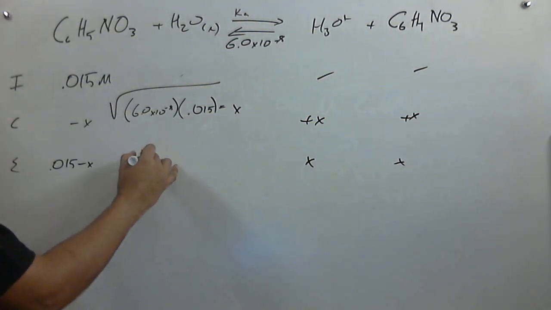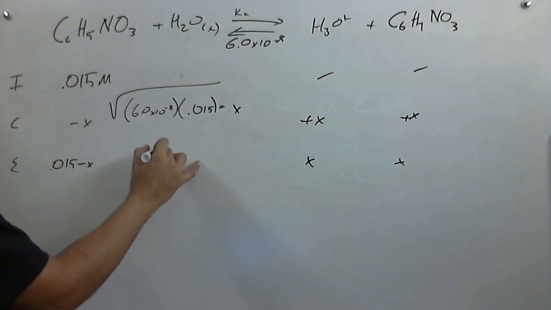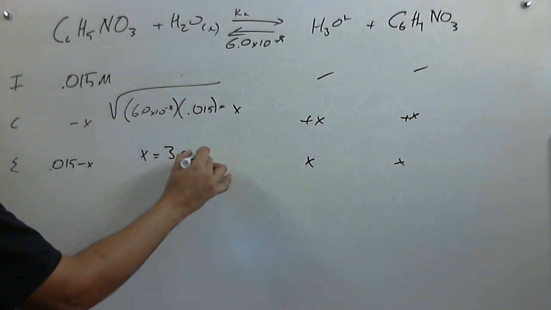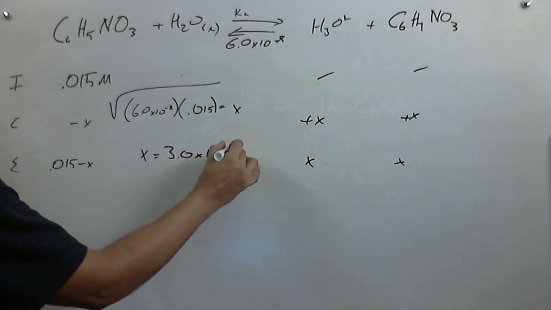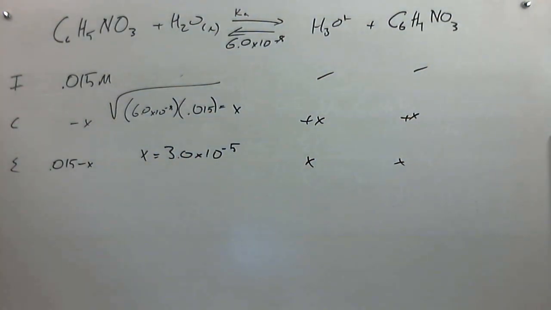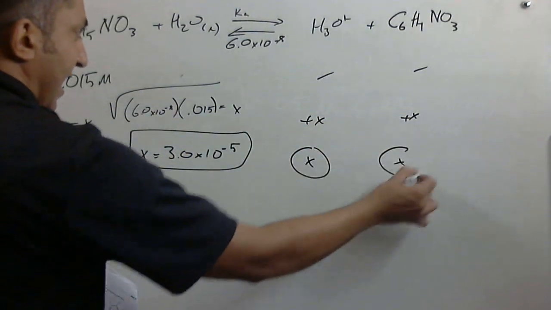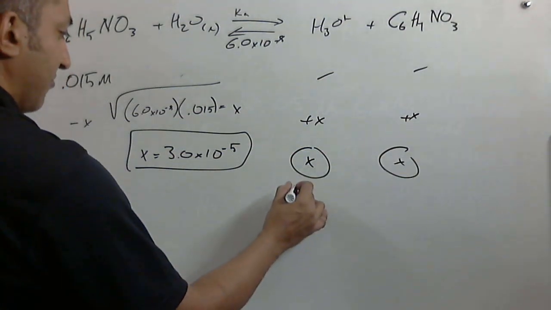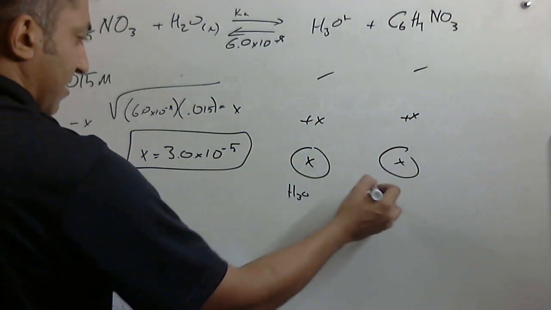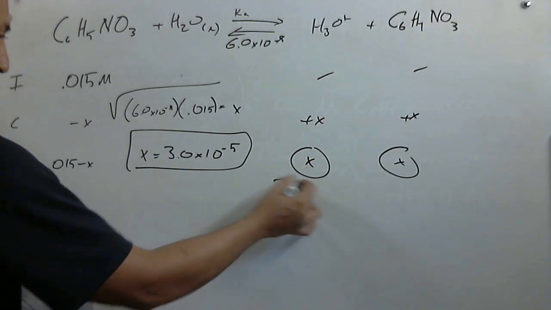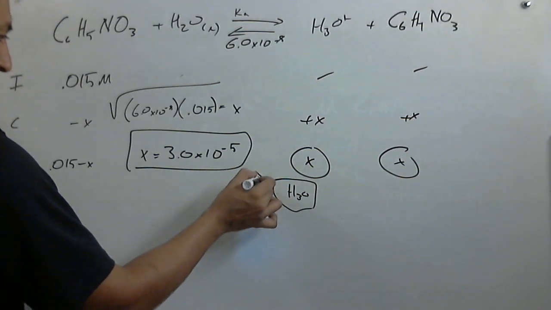So I'm going to be left with x equaling 3.0 times 10 to the negative 5th. If I know that's my x, then I can plug this in wherever I see x. I see x here and I see x here. So my H3O concentration and my whatever that is, I forgot what that is, they're both going to equal this.